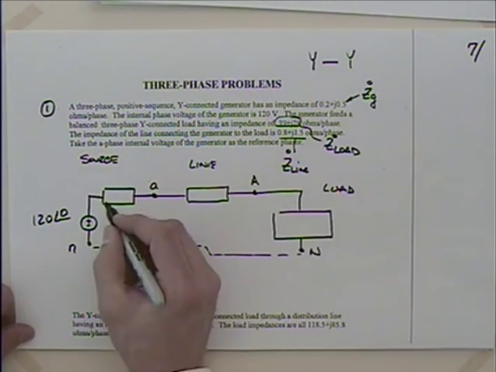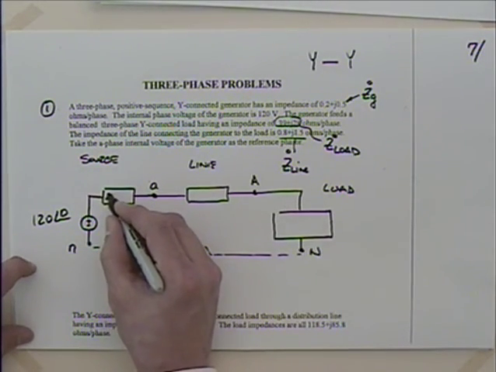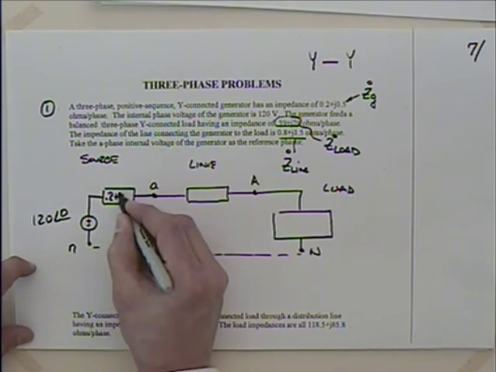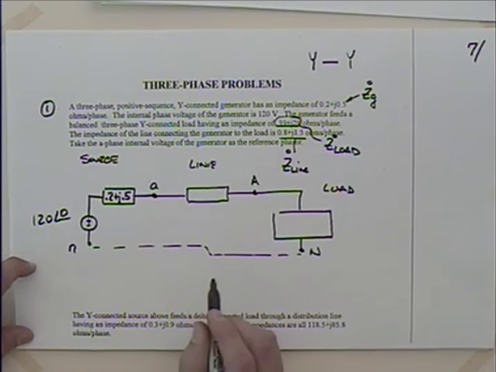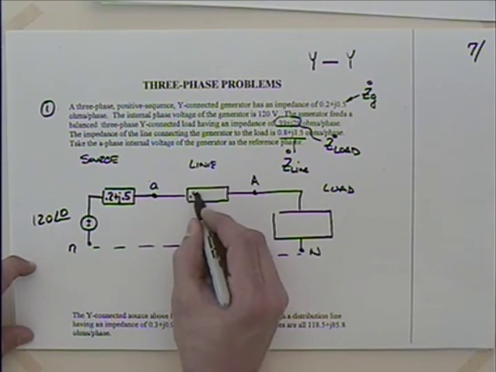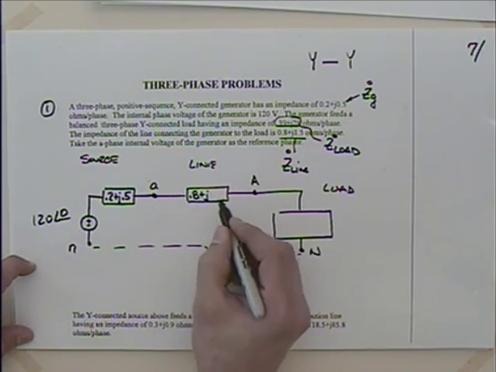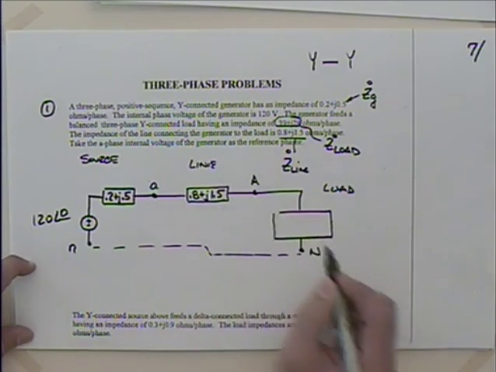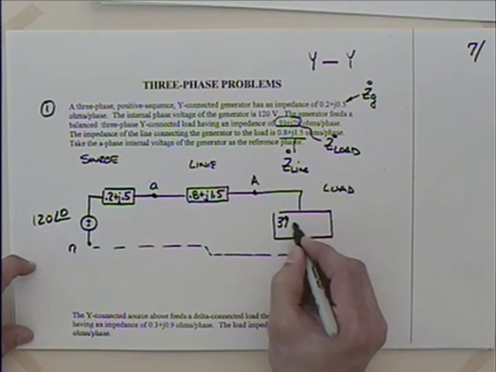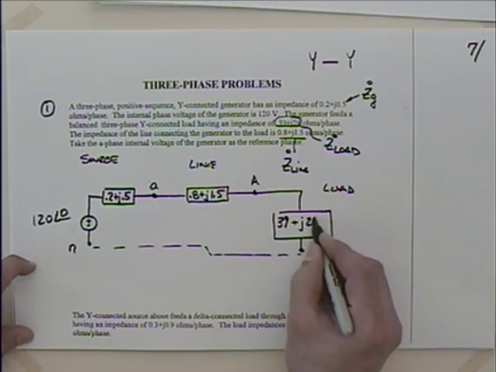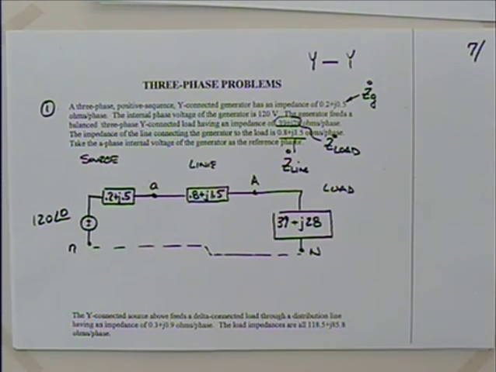Then the generator impedance was 0.2 plus J 0.5. The line impedance was 0.8 plus J 1.5. And what was the load? Should hopefully be the largest. 39 plus J 28, right? So is that an appropriate single-phase equivalent circuit?